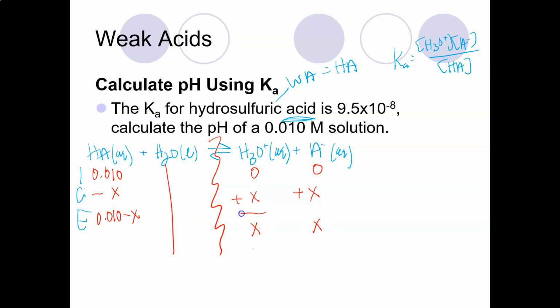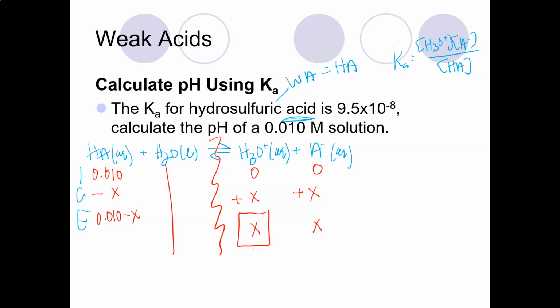And what we're trying to solve for, we need to know H3O plus so we can convert it to pH. Well, I don't know the value of X right now, and my ice table's finished. So I'm going to have to put this into the Ka expression. So before I go plug my numbers in there, this is going to end up looking like it's going to be a quadratic formula problem.